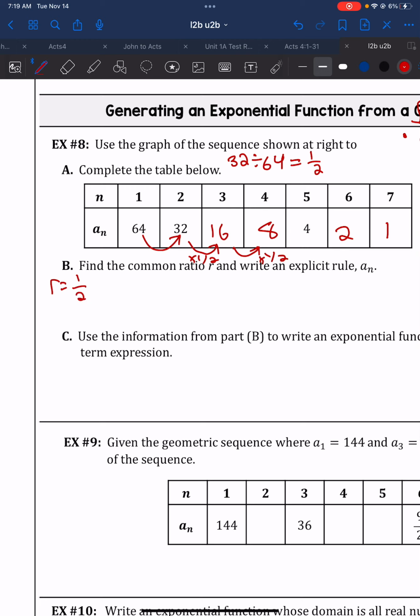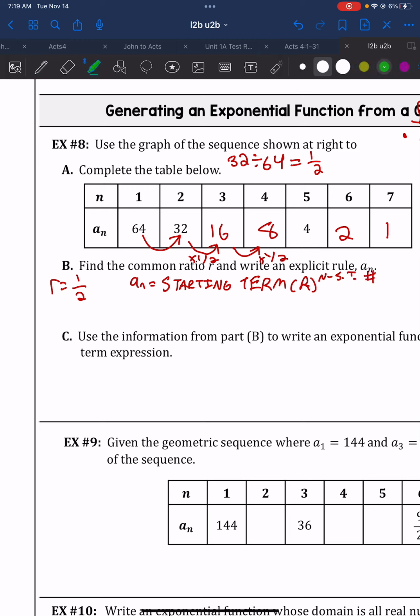And then it says find the common ratio and write the explicit rule. So remember, once again, my a sub n is going to be my starting term, parentheses r, my ratio, to the n minus starting term number.